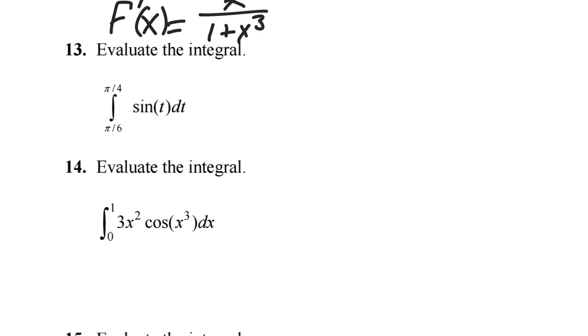All right, 13. Evaluate this integral. It's a definite integral. And the integral of sine is negative cosine. And it's a definite one, so we don't need the c, but it goes from pi over 6 to pi over 4.